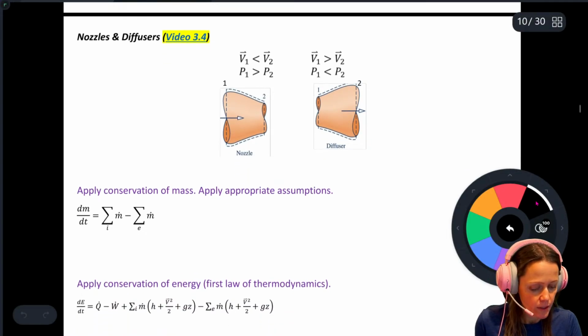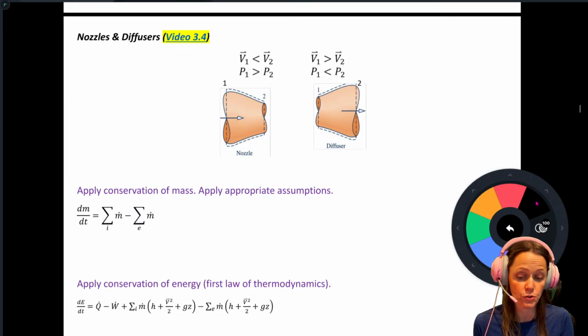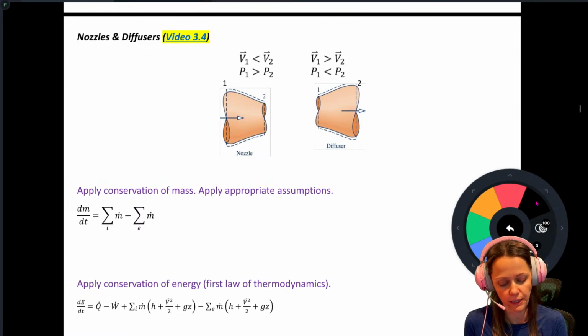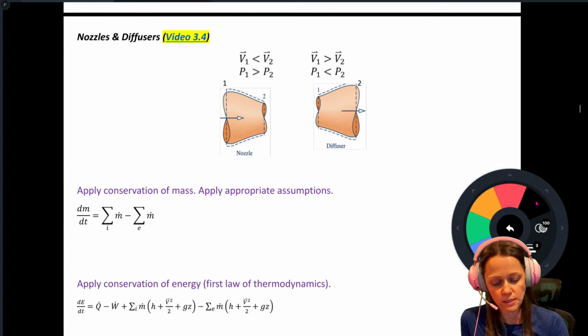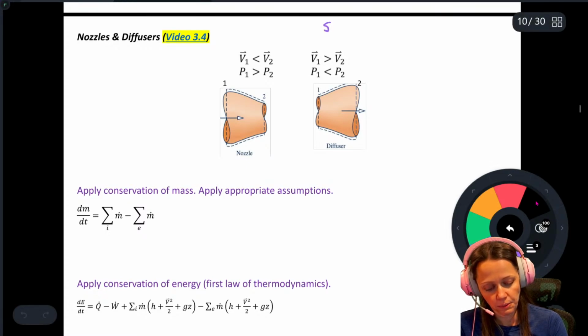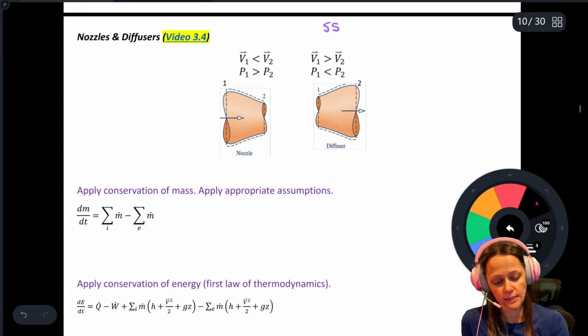Nozzles and diffusers are one category of devices that we're going to talk about, and all of these devices are going to be operating at steady state in this class.